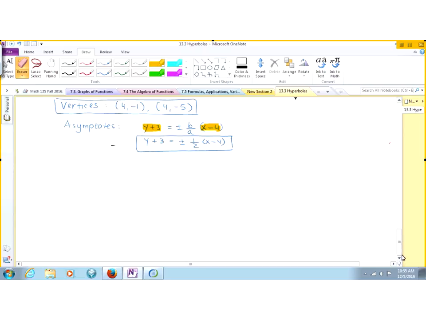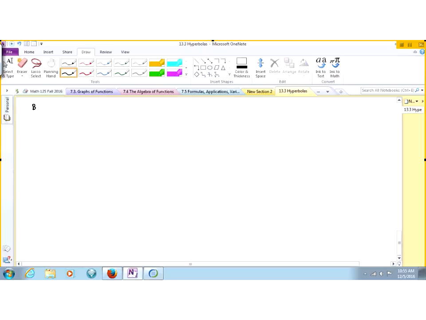Now, the other hyperbola is non-standard. So B is the non-standard form of hyperbola. This hyperbola that comes in next has the x-axis and y-axis as asymptotes.